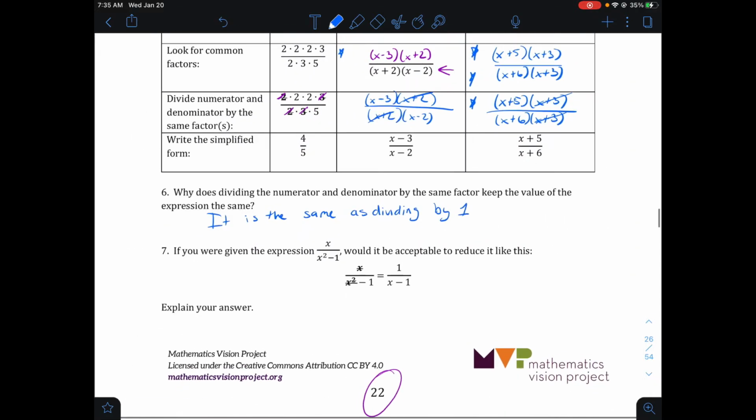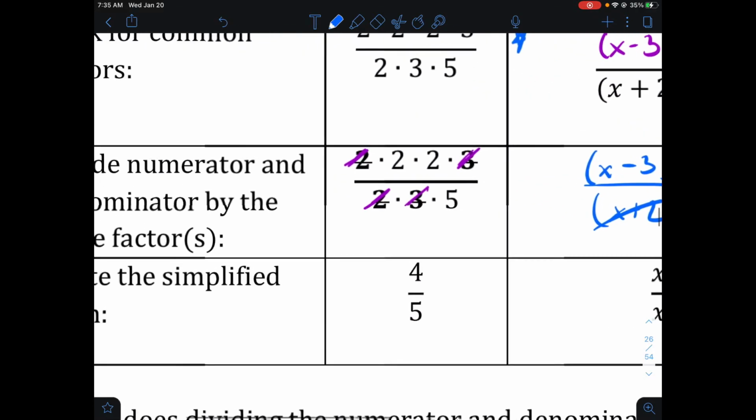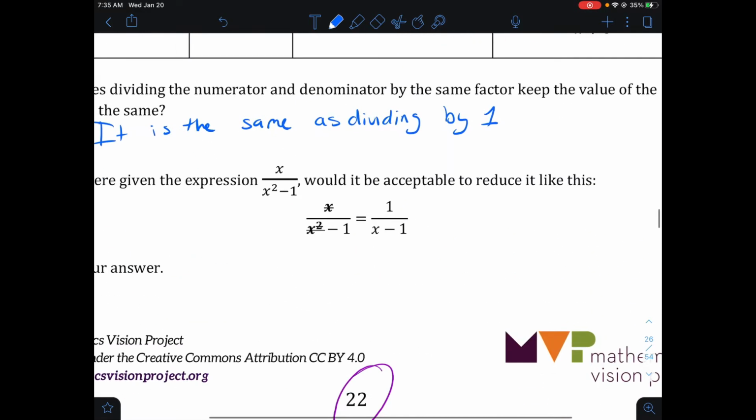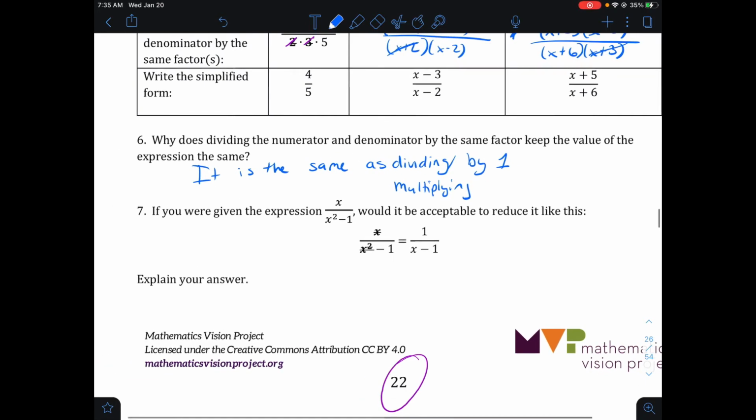The reason for that is, if you look here, what is 2 over 2 equal to? That's equal to 1. 3 over 3 is equal to 1. So it ends up essentially turning into 1. I should say dividing or multiplying.